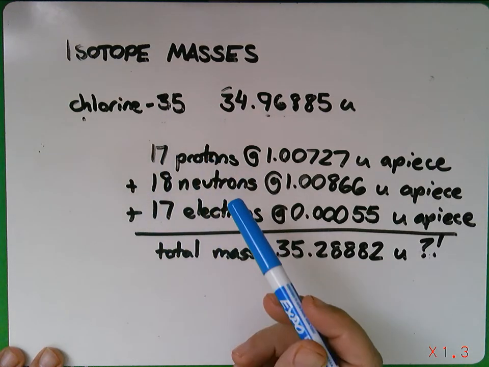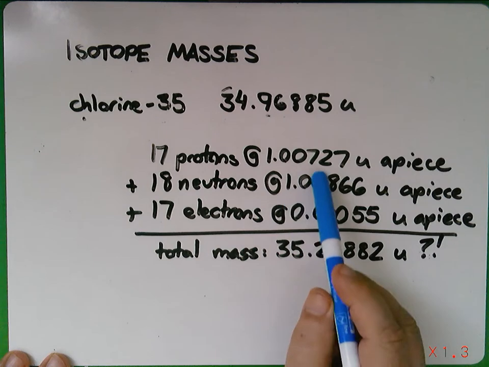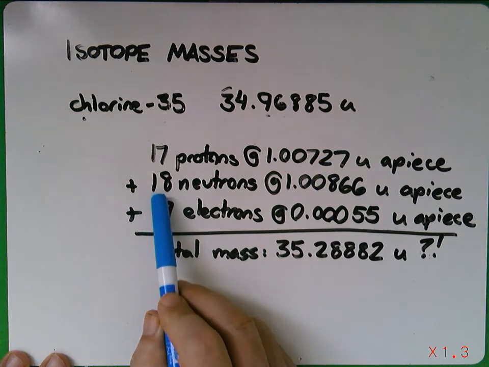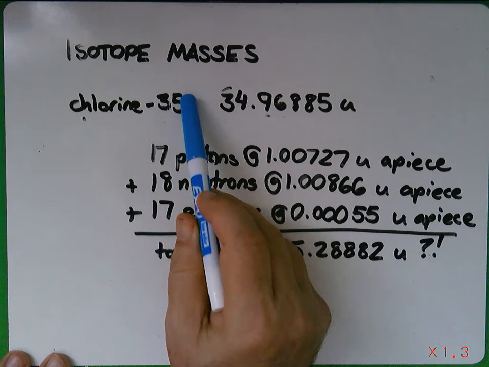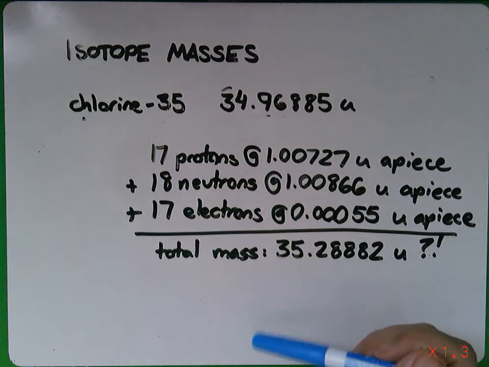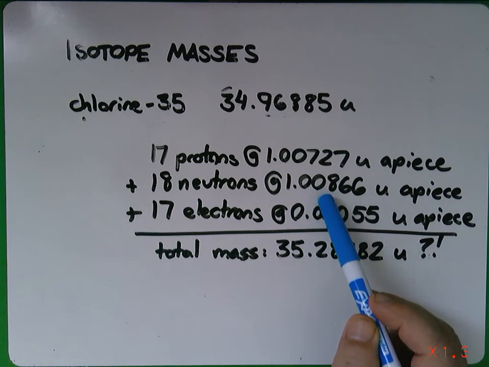There's 17 protons because the atomic number of chlorine is 17. And here's the mass of each proton. There's 18 neutrons. I could subtract the atomic number from the mass number and get 18 for the number of neutrons. And here's the mass of each neutron.